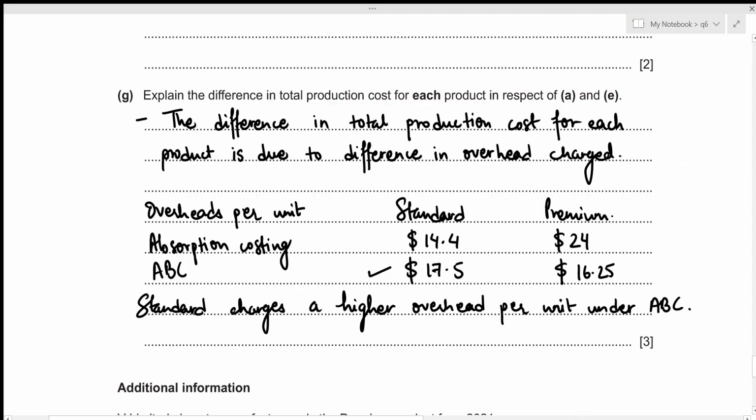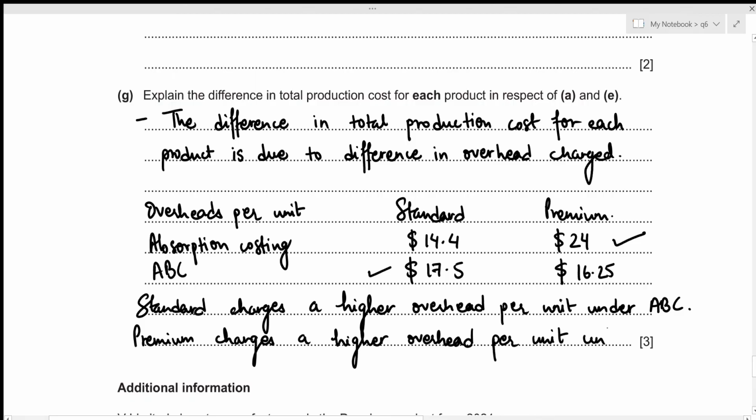And we can see that premium charges a higher overhead per unit under absorption costing. Let's write it down. Premium charges a higher overhead per unit under absorption costing.